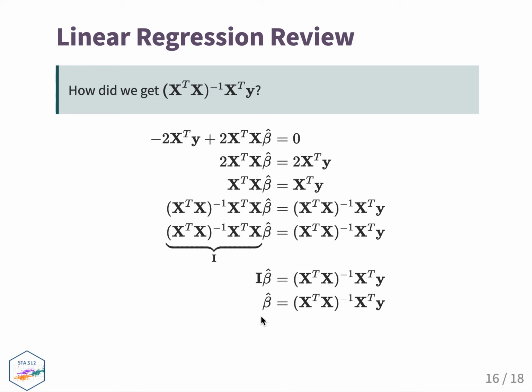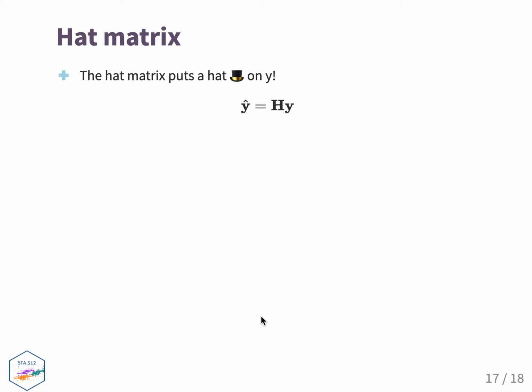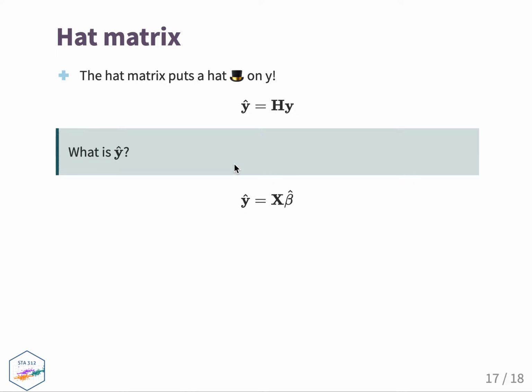The big goal here was to get the hat matrix, and so we've got one more step along the way. So the hat matrix puts a hat on Y. So basically, when you multiply this hat matrix H times Y, you end up with Y hat. So what is Y hat? Well, Y hat is X times beta hat. We know that's true. And what is beta hat?